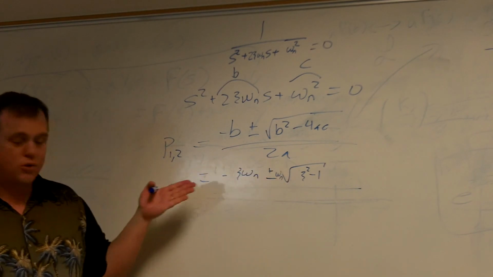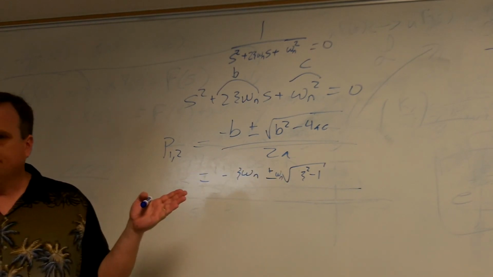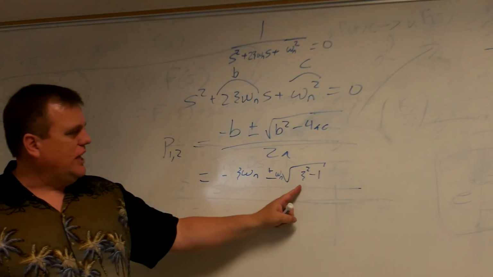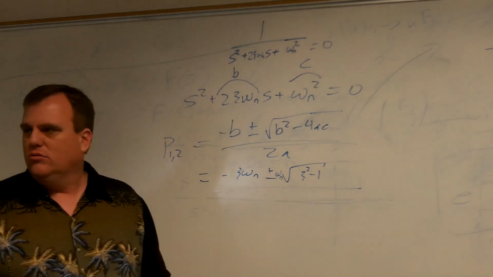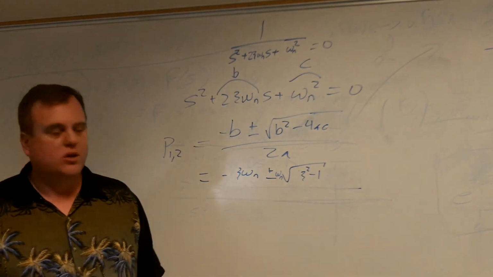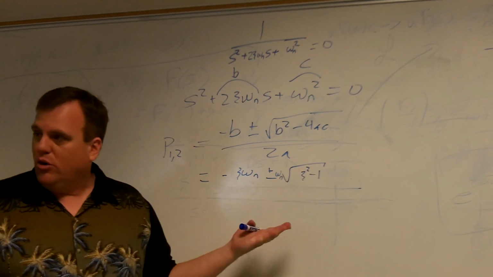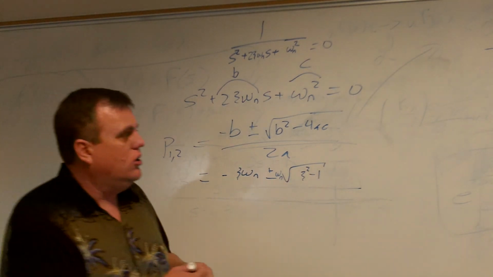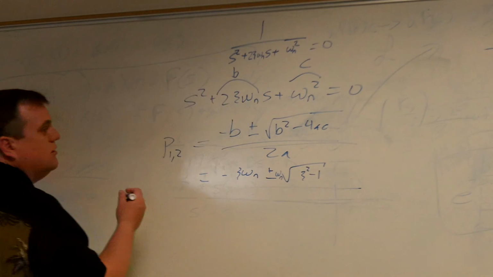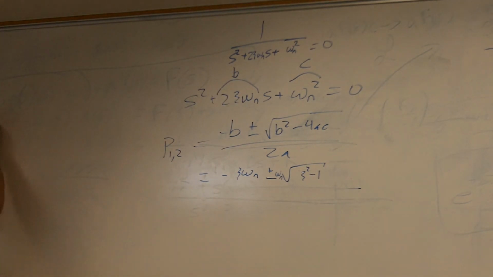Now we have to ask ourselves some interesting questions about this. This describes where the poles are. What happens when zeta squared is bigger than 1? It's positive inside, so it's real, which means it's all on the real axis in the s-plane. Why am I sticking it in the left-hand plane?